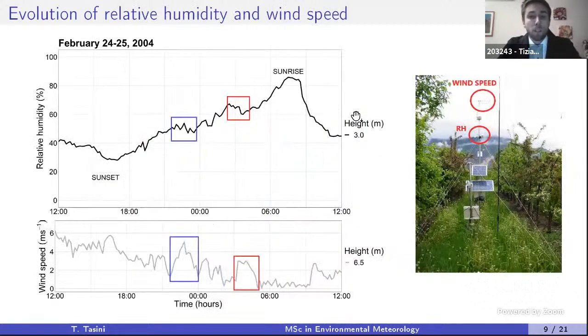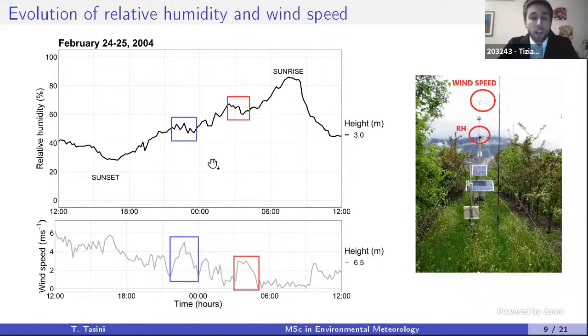The relative humidity was measured 3 meters above ground level, and is low because of the north wind that advected dry air into the Adige Valley. The lowest value, around 30%, is measured at sunset. Then relative humidity starts to increase during the evening and the night.